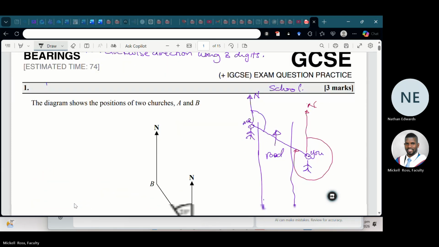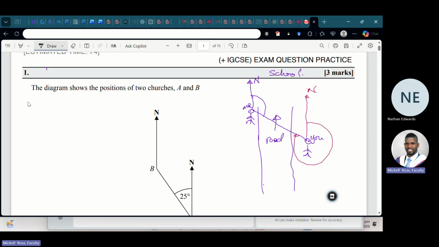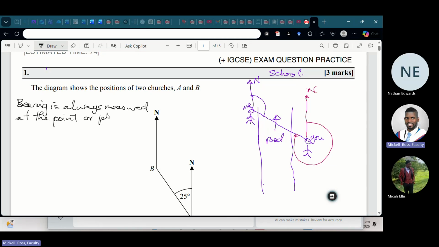And one of the things that I'm going to make note of here: bearing is always measured at the point or place that comes after the word from.